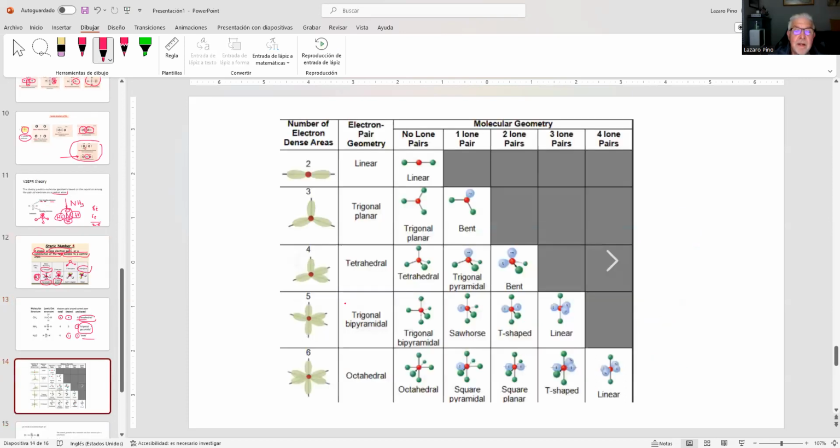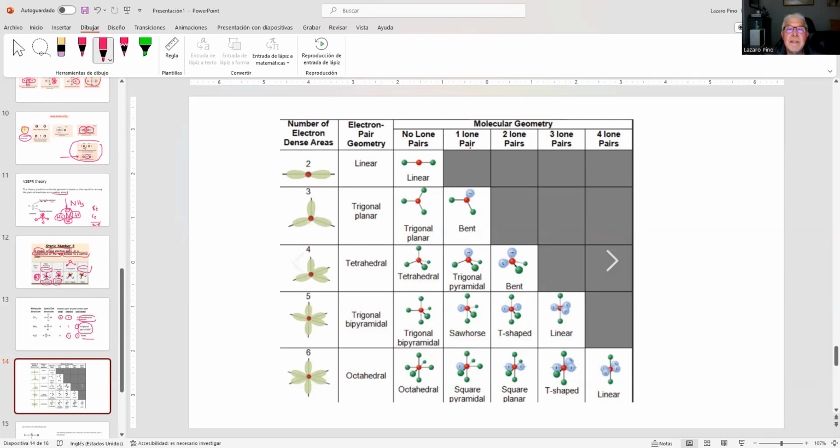Here you have the complete table. You can use this table or the one in your book in order to do the exercises. Look, in this case, we have 2 groups of electrons, 3 groups of electrons, 4 groups of electrons, 5 and 6.